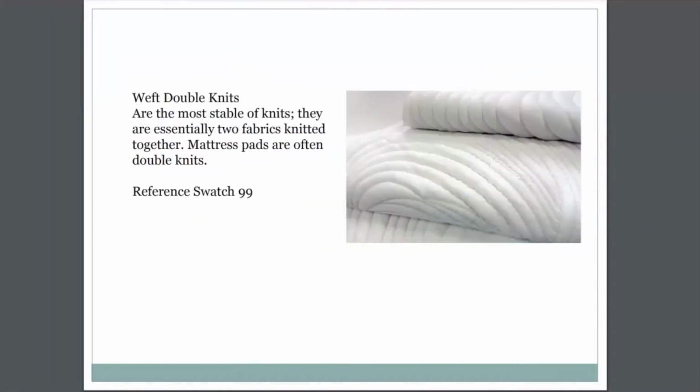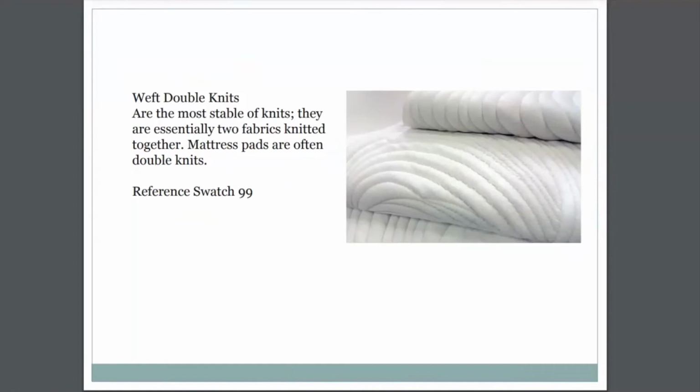You won't use double knits that often, but sample swatch number 99 is a great example of what's called a double knit. Double weft knits are very stable, and it keeps its shape better than just the jersey. So if you compare 98 and 99, you can see that it keeps its shape once again. Because it's a knit, it has that give and that stretch, which once again makes it ideal to cover a mattress.